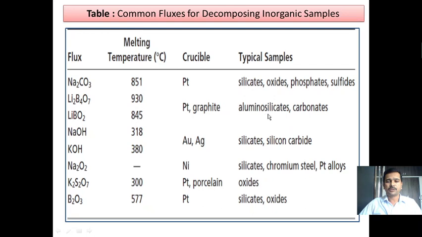These are the groups of analytes which can be fused with lithium tetraborate or even lithium borate. The temperature is 845 degrees Celsius. Similarly, sodium hydroxide and potassium hydroxide at temperatures 318 and 380 degrees Celsius, in gold and silver crucibles, the analytes are silicates, silicon carbide, etc.